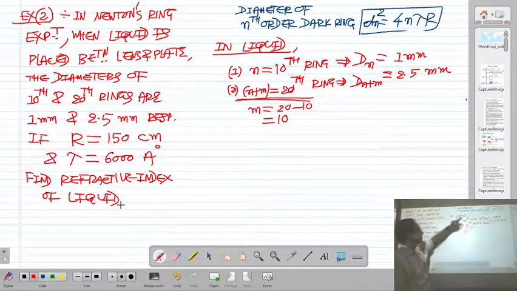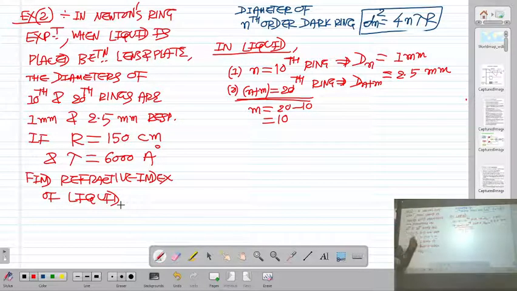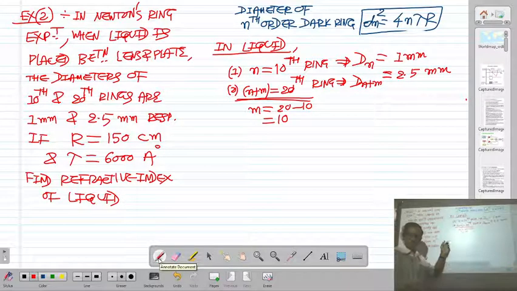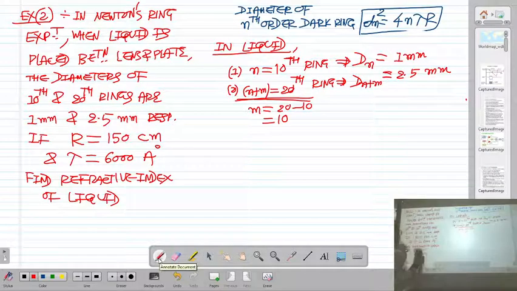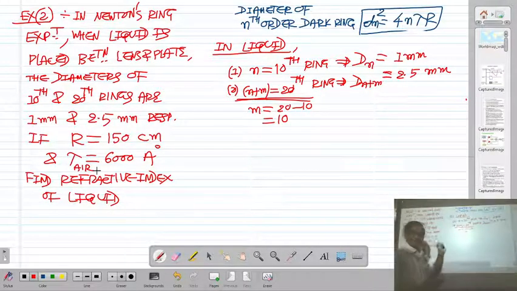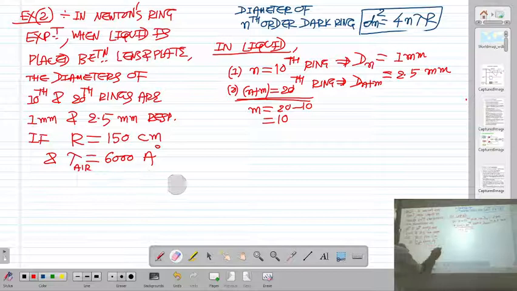The difference of ring number is 20 minus 10, which is 10. The radius of curvature of the lens is 150 centimeter and the wavelength of light is 6000 angstrom. Whenever you are given the wavelength of light and it is not mentioned whether it is in air or liquid, you have to consider it as the wavelength of light in air. So, with the wavelength of light in air 6000 angstrom, let us calculate the refractive index of the liquid.